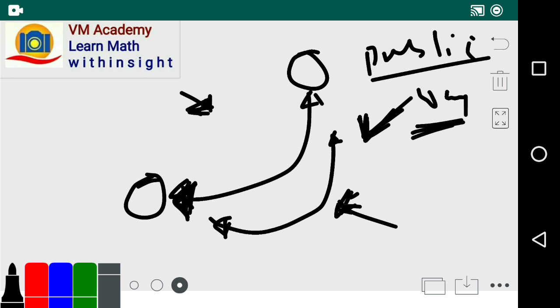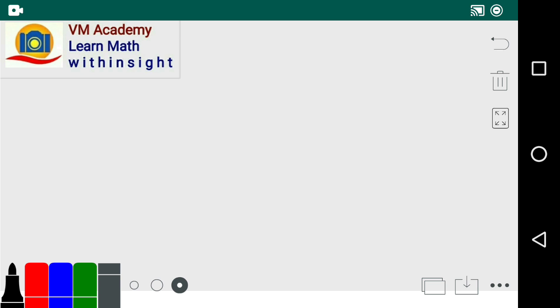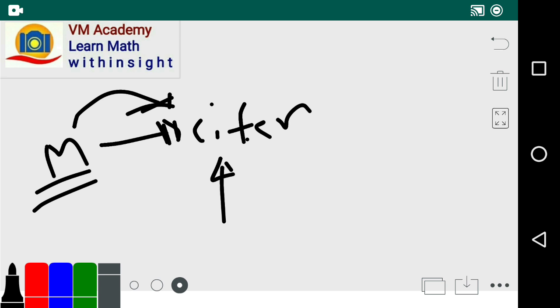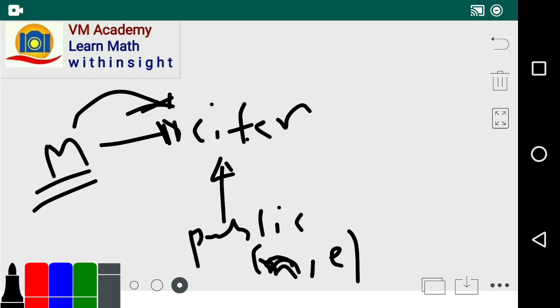The public key is given to the sender. What will the sender do? If this is the message he has to send, then it is plain text, and he will encrypt it with the help of the public key. The public key is given by the receiver, and it is nothing but the numbers n and e.